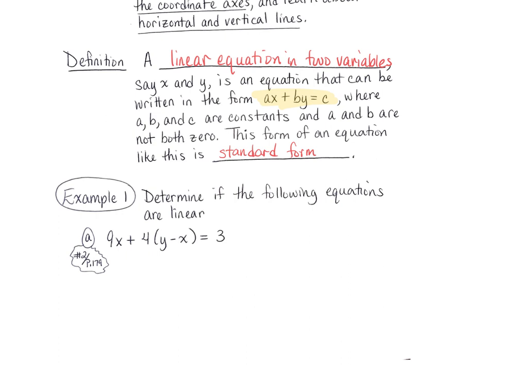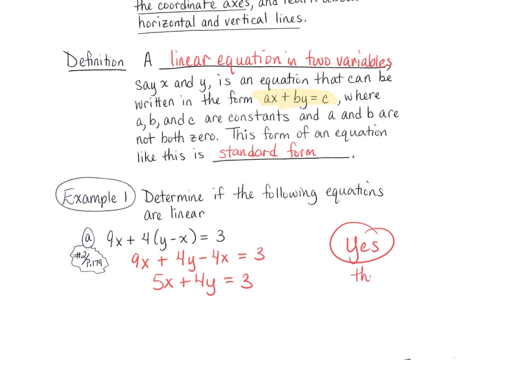So not bad. Let's simplify. We have 9x plus, distribute the 4 to get 4y, minus 4x equals 3. Combine like terms, 9x minus 4x is 5x. So then we get 5x plus 4y equals 3. And yes, this has this form, so this is a line. This is linear.